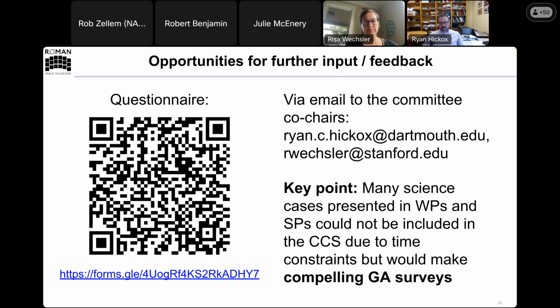I wanted to comment a little on pressure on observing time at the beginning of the mission. The Galactic Bulge Time Domain Survey has pressures related to their science requirements that drive wanting to schedule their seasons early in the mission.